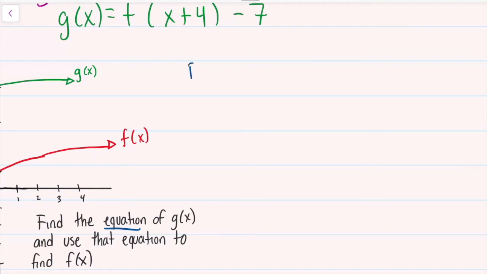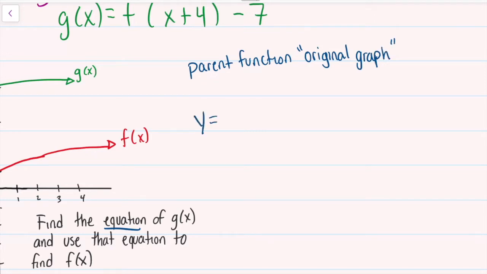So a parent function is basically the original graph of every exponential graph. Like, first one, y equals x to the power of 1. Everybody remembers this graph because it's the original straight line, and our original straight line crosses through 0. So that's the original parent graph for y equals x.